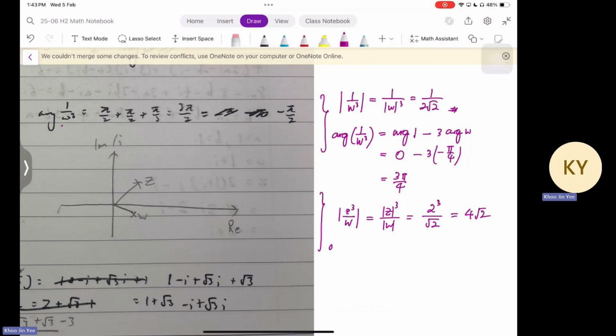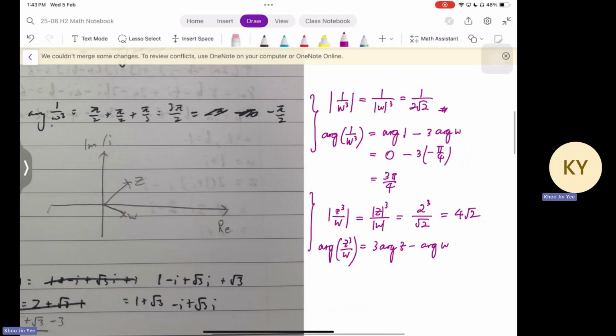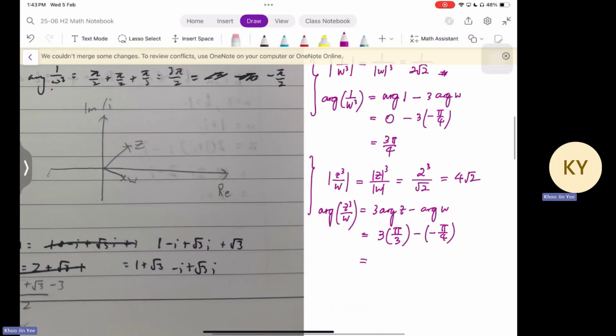Then the argument of z cube over w is 3 times the argument of z minus the argument of w. So this is 3 times pi over 3 minus the argument of w. So this will give us 7 pi over 6?